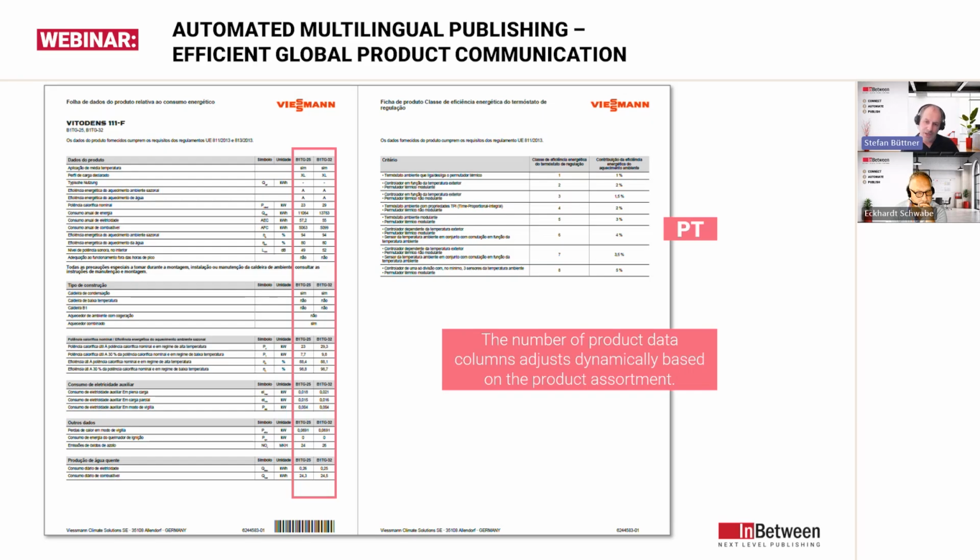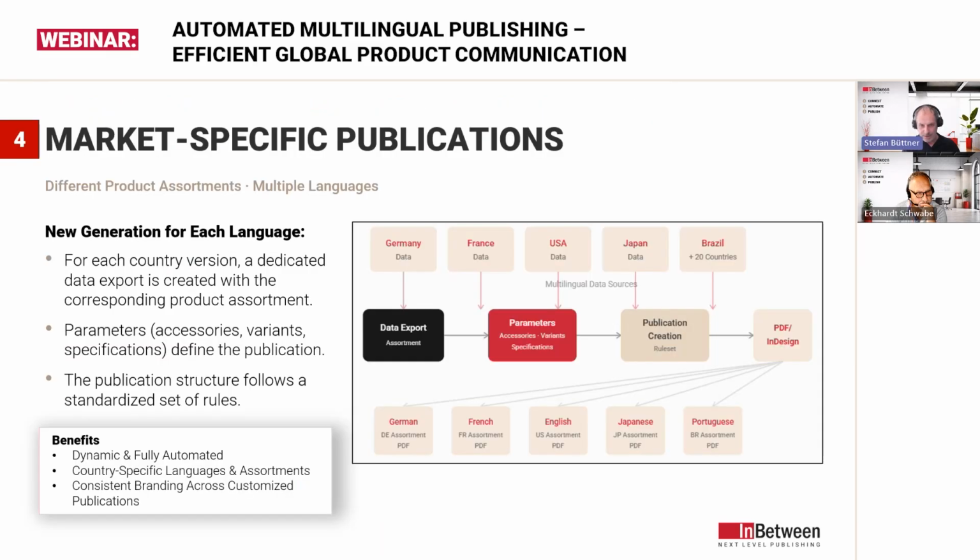And on the right page, you can see the text, of course, in Portuguese is much longer. So, yeah, you have a very dynamic template here, and if you have changes, you will start to regenerate those data sheets. Go for the next slide.